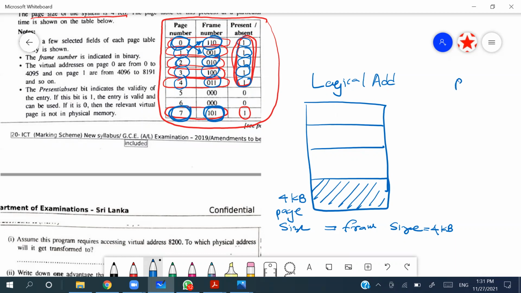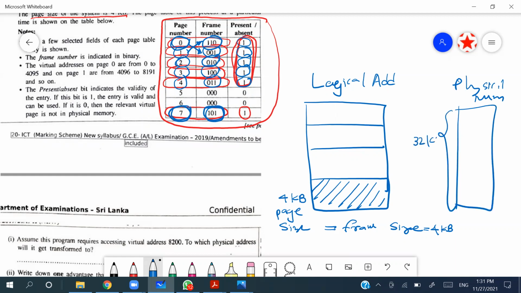Total physical memory is 32 KB. This small piece is 4 KB. So you will be getting 8 pieces.